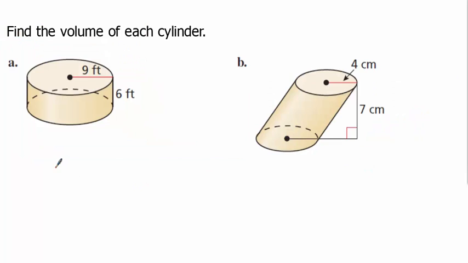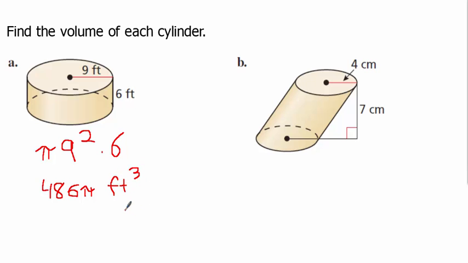So the volume is going to be pi times the radius of the circle squared times height. And I can number crunch this out. That's going to be 81 times 6, which is going to be 486 pi. Obviously, if I were calculating out to the nearest tenth, I would grab a calculator to punch in my pi button, or 3.14.